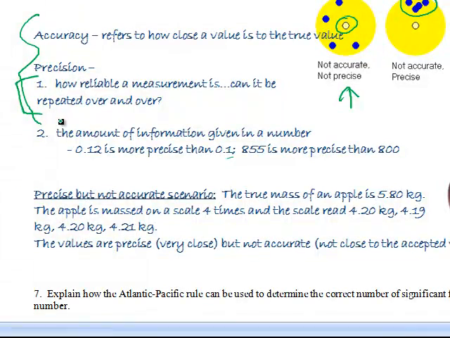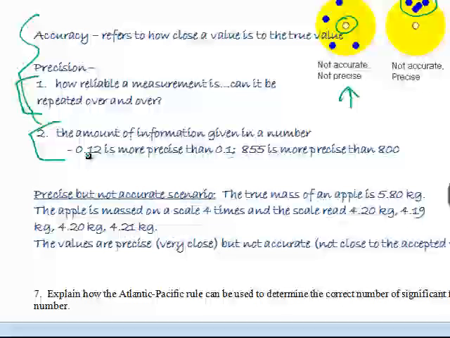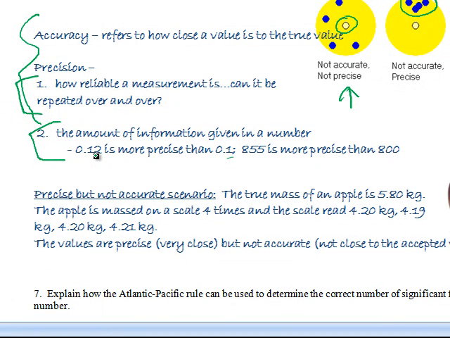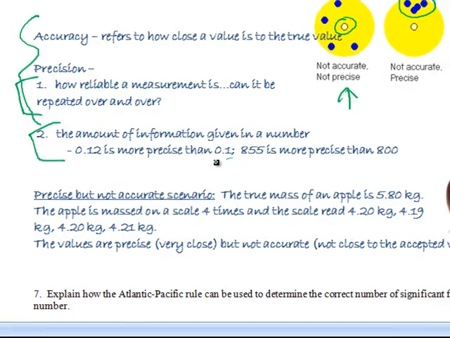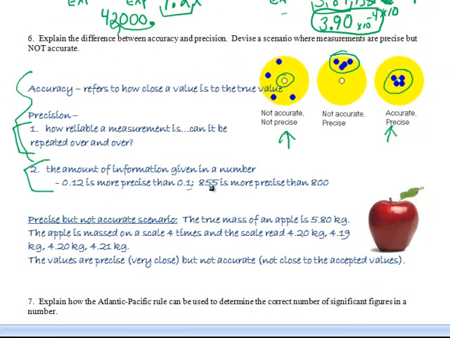Now, the second definition of precision is the amount of information given in a number. So, for instance, if you have a number 0.12, that's more precise than just 0.1. It gives you more information. 855 is a lot more information than just 800. 800 is somewhere between 0 and 1,000.